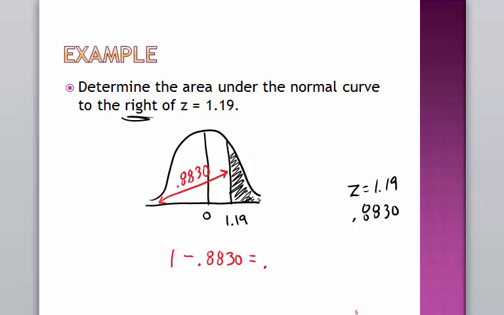And so this is equal to 0.1170, and that will be our answer. Again, the total area under the curve is equal to 1. So these two numbers have to add up to be 1. We know a part of it that we don't want, so we're going to subtract that off. And that should leave us with the area of the shaded region that we do want.